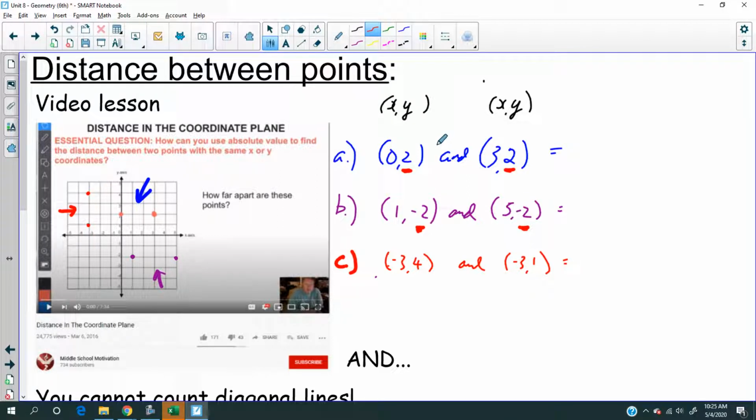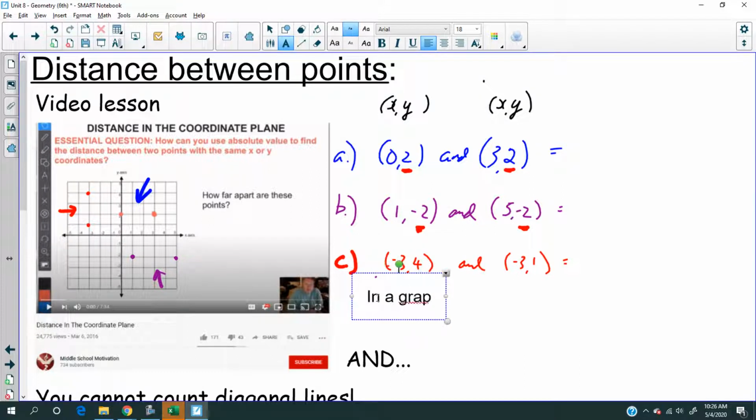So one of the things that you have to notice is that if it's a horizontal line, the y values are the same. If it's a vertical line, the x values are the same. Okay, you know what? Let me write this down. This might help you. Write this down.